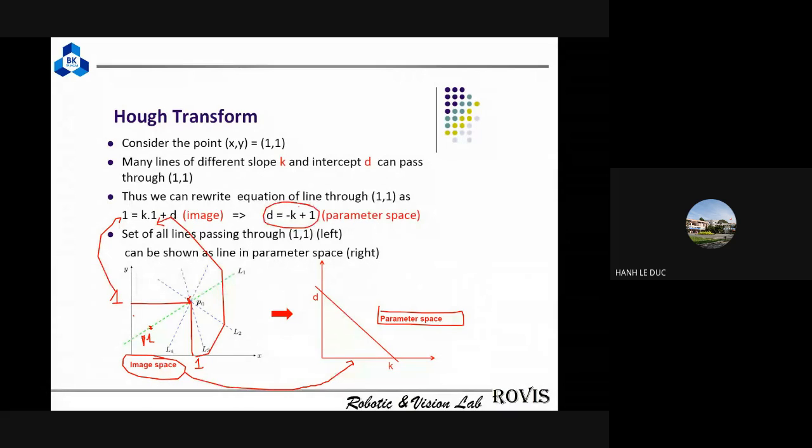And if we draw it, we have this line in the parameter space. What does it mean? That means all the points related to this equation represent the lines that go through P0 here.